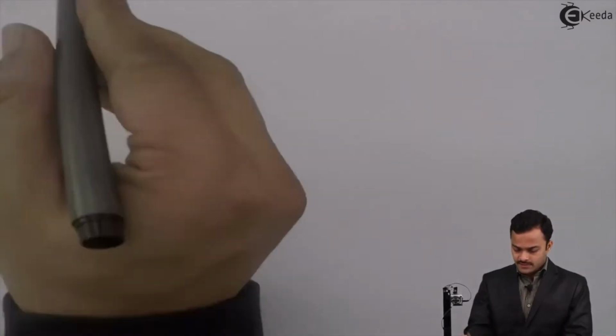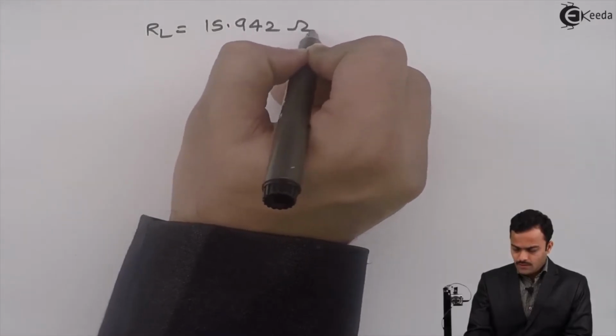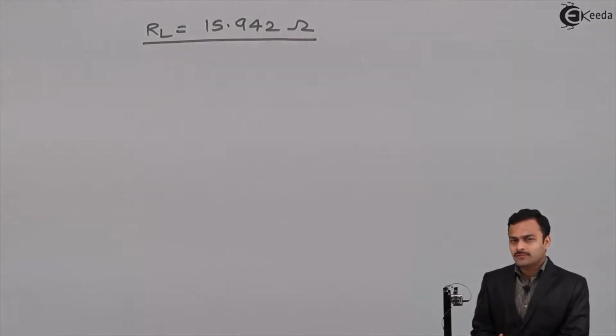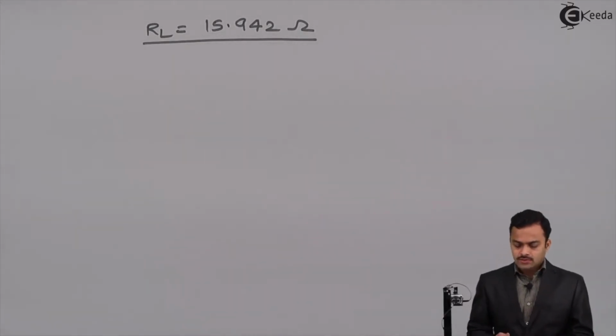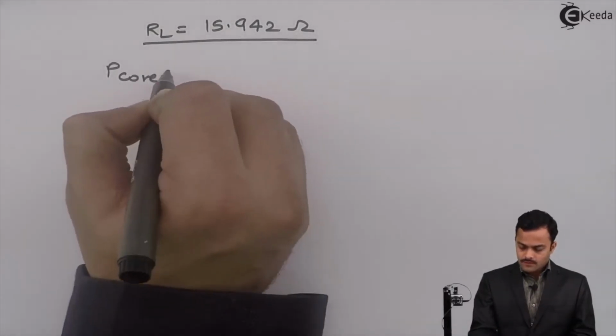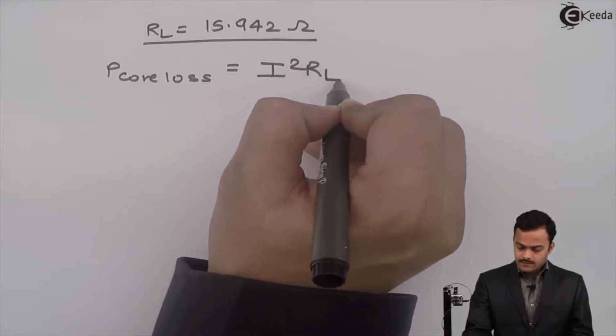Now we know the value of RL, which is equal to 15.942 ohm. Now this resistance is responsible for core loss happening inside the inductor. So let's calculate the core loss. Core loss equal to I square RL.